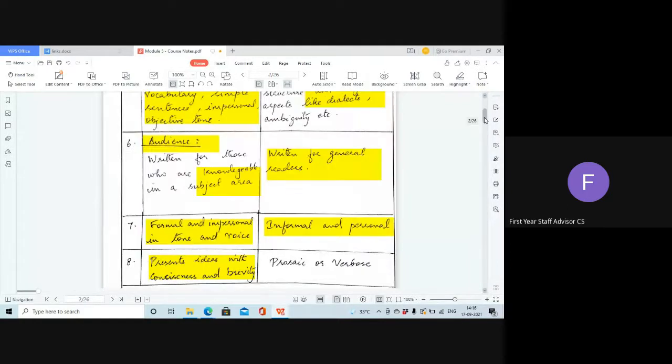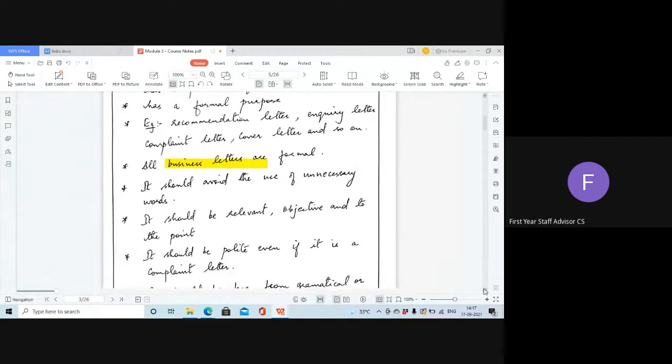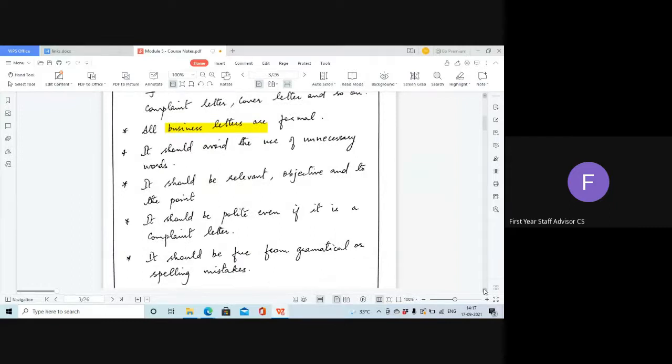That is formal letters. It is written in a professional language. It has a prescribed format and a formal purpose, like all business letters are formal letters. Now it will avoid unnecessary words and it should be written politely. Even if it is a complaint letter, this formal letter should be in a polite manner and free from grammatical or spelling mistakes.